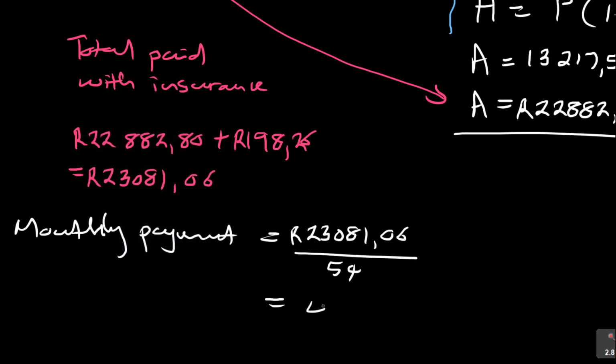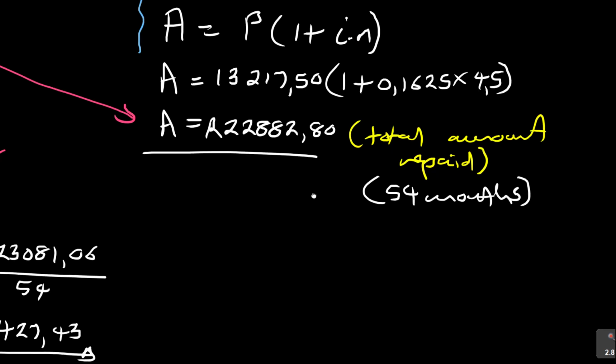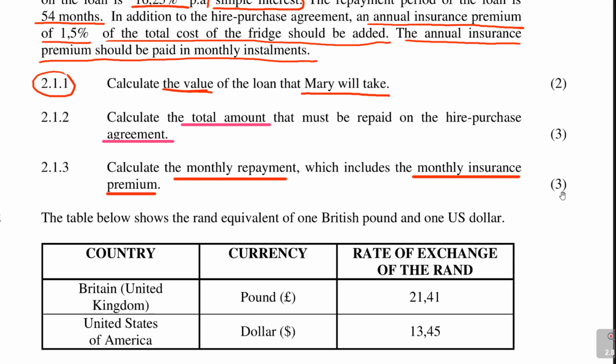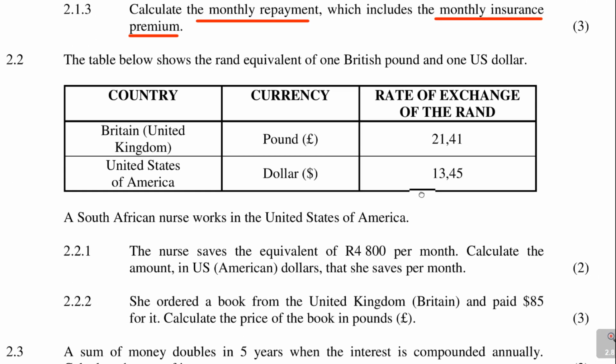So this is the amount that you're going to be paying every month. Alright, so that is that for this question. If you check it, that was 3, 6, 7, 8 marks. Alright, let's move on to the next one.